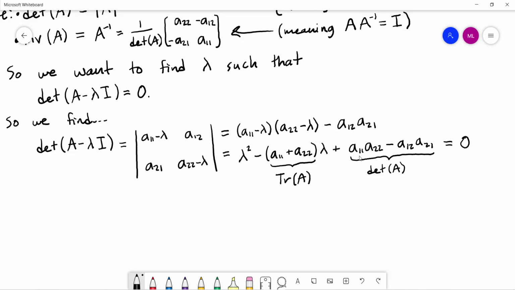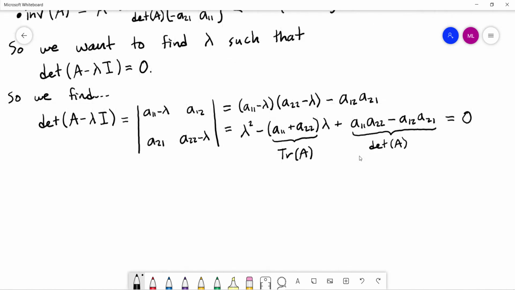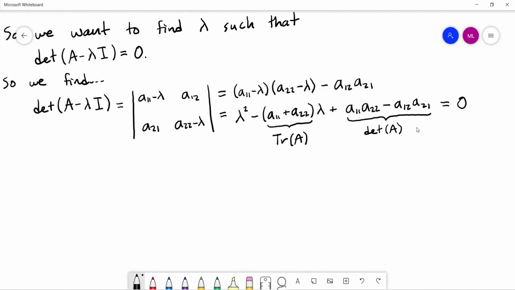So at this point, this big polynomial that we got, a quadratic in this case, we call our characteristic polynomial. And the lambdas that we find are the eigenvalues, and they can be used to construct our solutions.